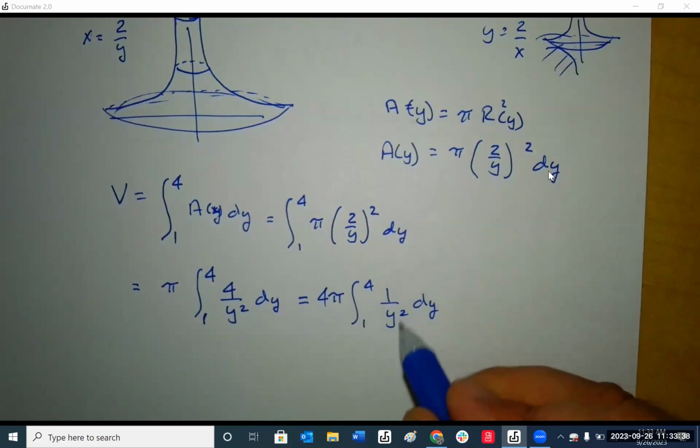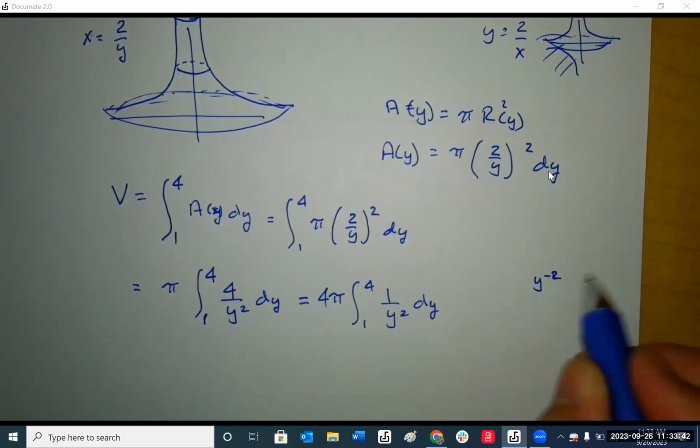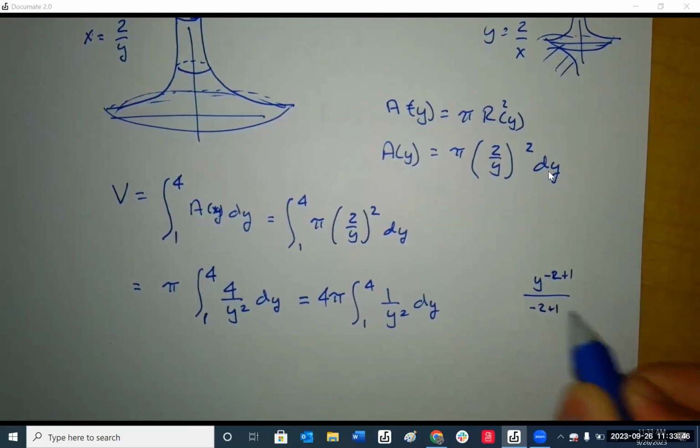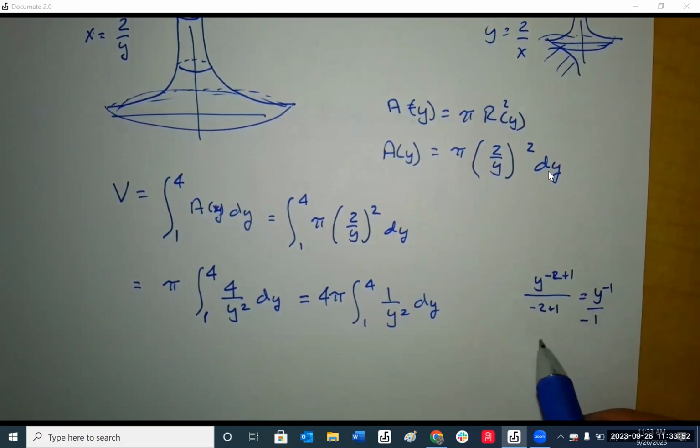Okay, so this one, if we add 1 to the top and add 1 to the bottom, we get -1 over -1, which gives us -1 over y.